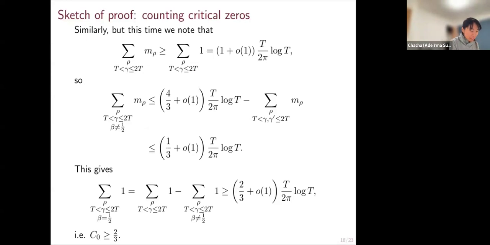Because this is summing over all, and this is summing over only the ones which are not on the half line, then this one is bounded by when you sum over all, and then you remove the ones which are exactly on the half line. Therefore this summation over zeros which are not on the half line gives you 1/3. And now I want to take only the, wait a moment, what did I say?